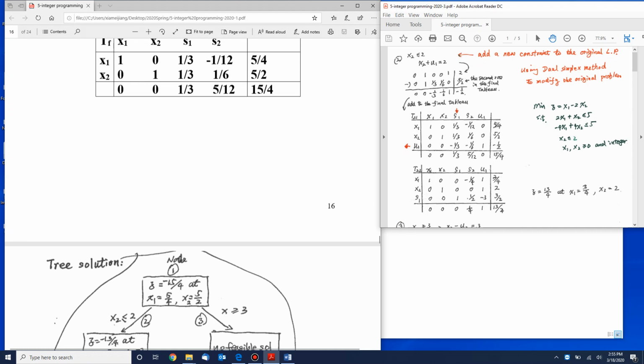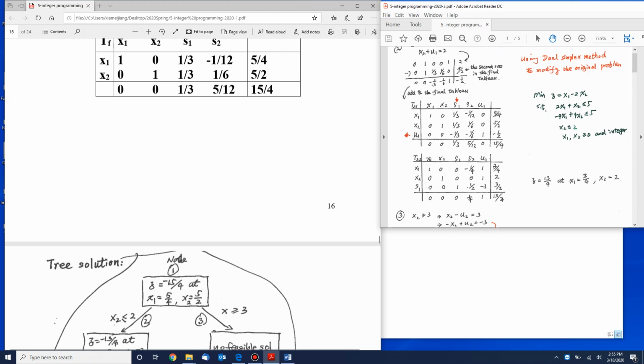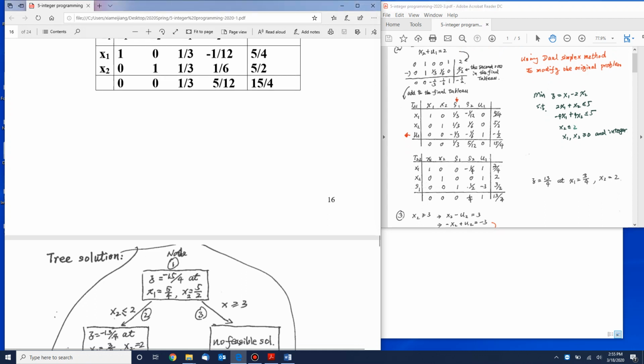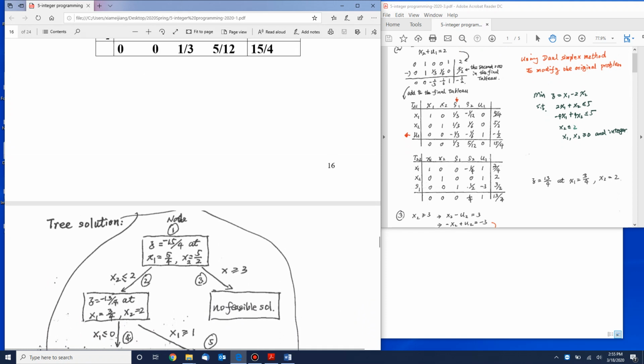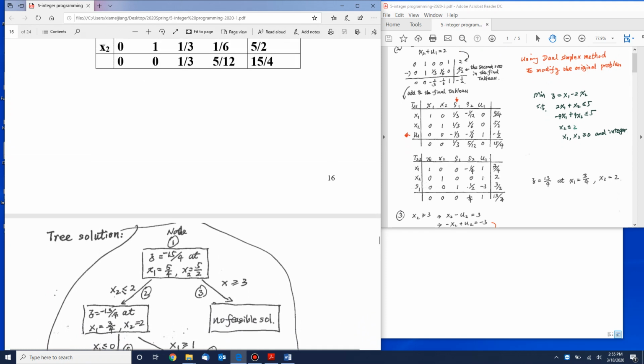So when x2 is less than or equal to 2, this is the solution. This one we just let dangle here. We will deal with it later.